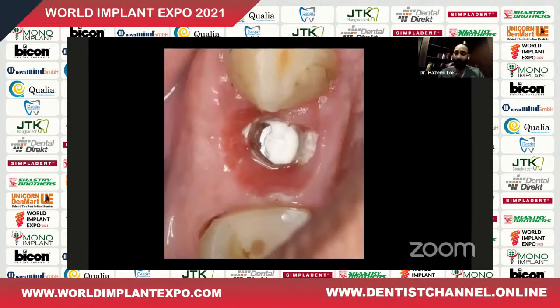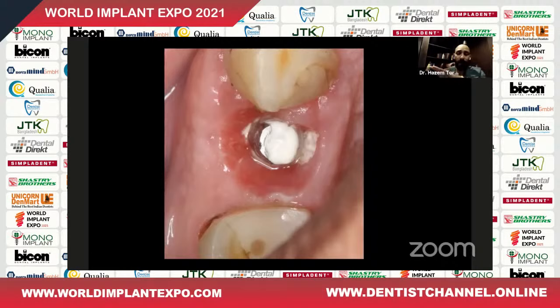And also here we have excess cement, and you can see the bleeding of the epithelial attachment once we remove the temporary crown, and we can see that we have a healthy peri-implant attachment. And this bleeding doesn't mean inflammation. It only means that you had true adhesion. So once you remove the temporary crown, you will get bleeding because you cut this attachment.